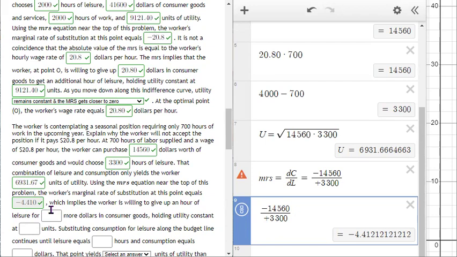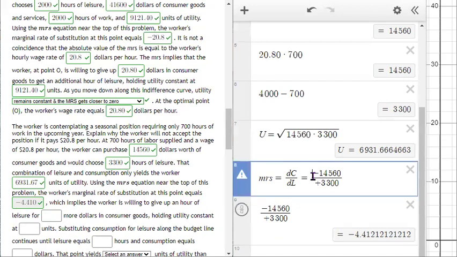Now, this marginal rate of substitution implies the worker is willing to give up what? Well, the marginal rate of substitution now at point N is equal to negative 4.41.